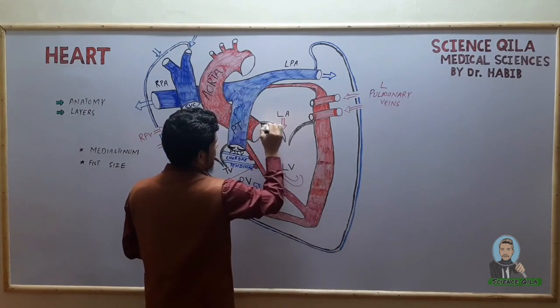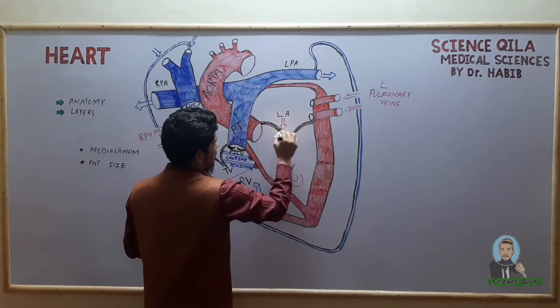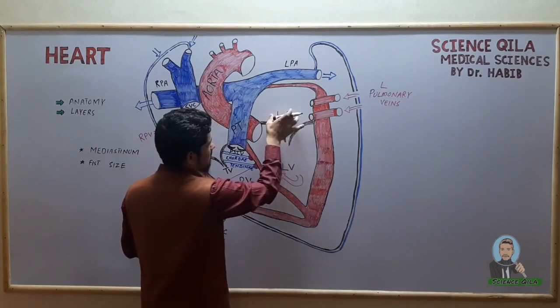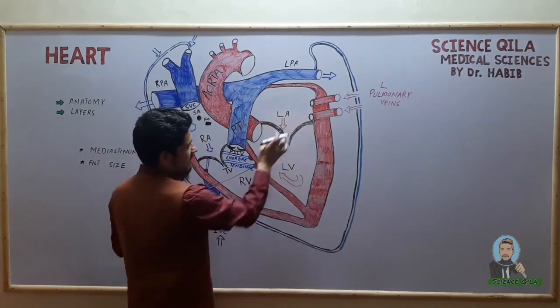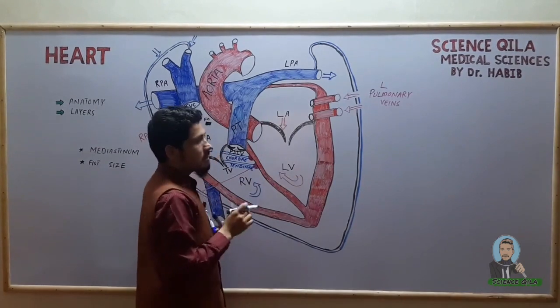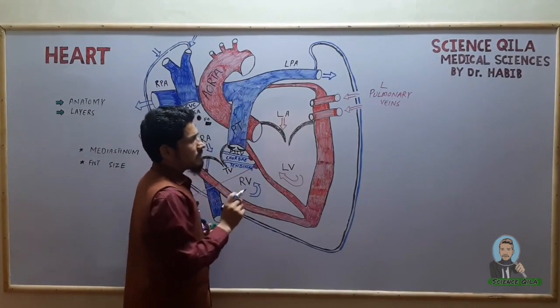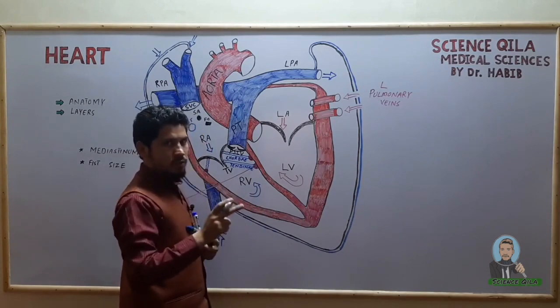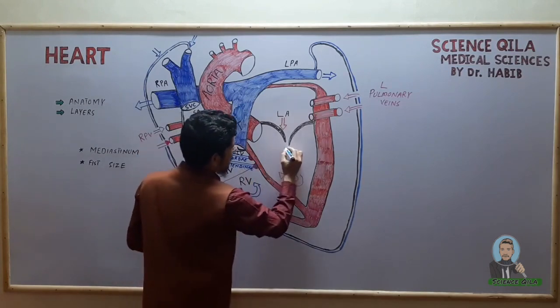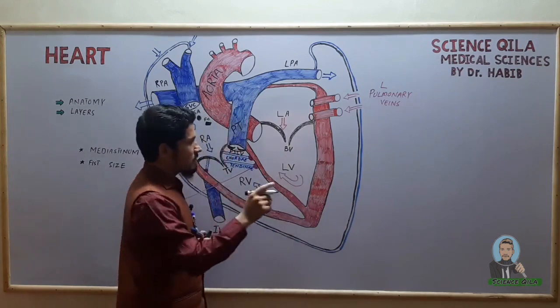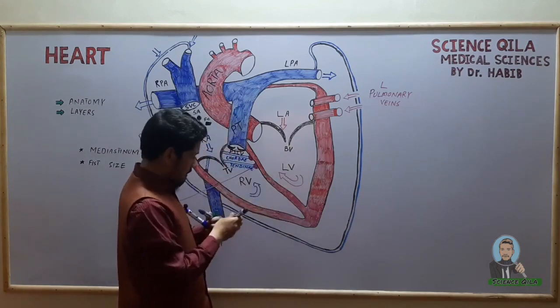It is called the atrioventricular valve. As this valve is present on the left side of the heart, we call it the left atrioventricular valve. This valve has two cusps or two flaps, that's why we call it the bicuspid valve. The third name of this valve is mitral valve.